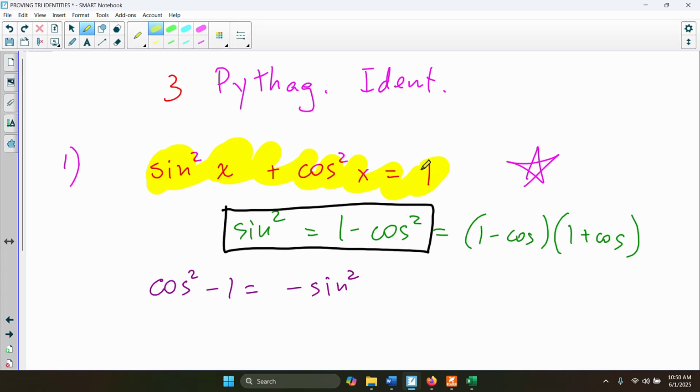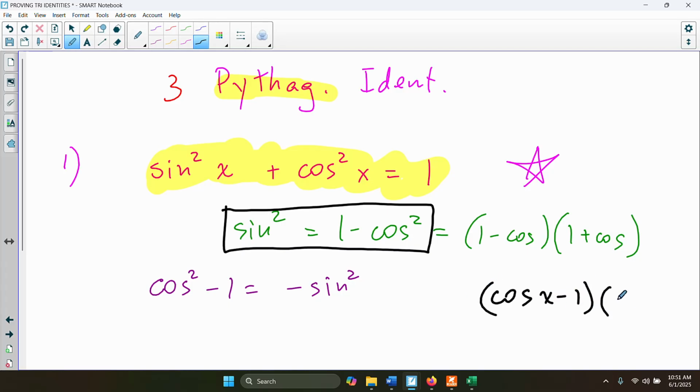This is super important because this is a byproduct of the big one. This is the most important identity, I mean out of the Pythagorean identities. And from this, I could generate all kinds of new identities, including byproducts. As an example, and at this point this is using pure algebra skills, it's not even involving trig: if I have cosine of x minus 1 times cosine x plus 1, I recognize that that's just the negative version of this.